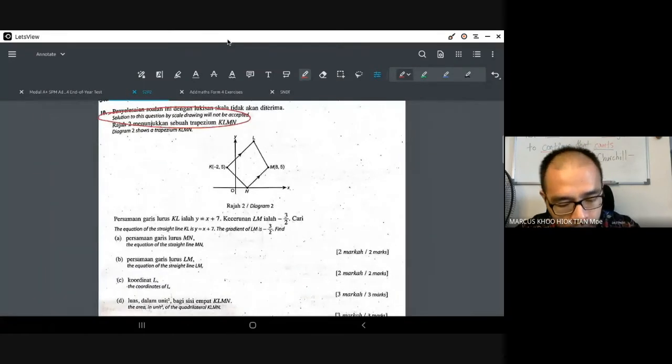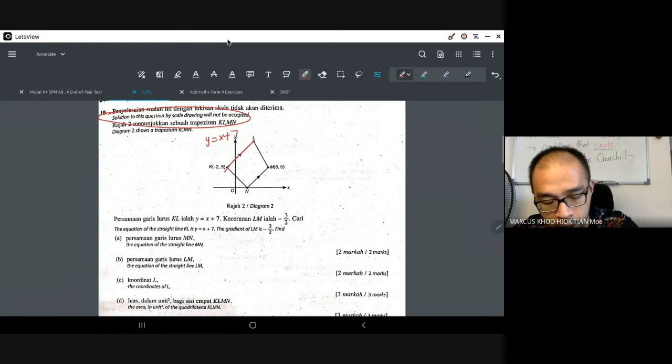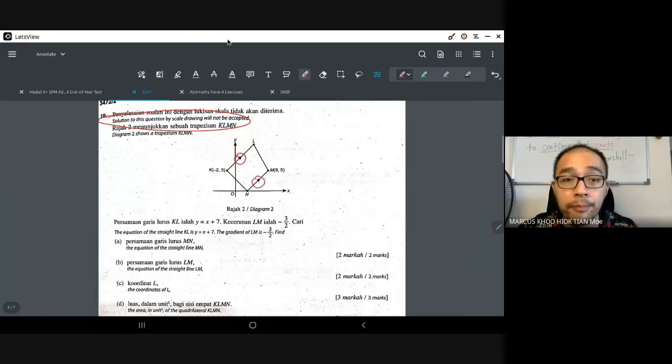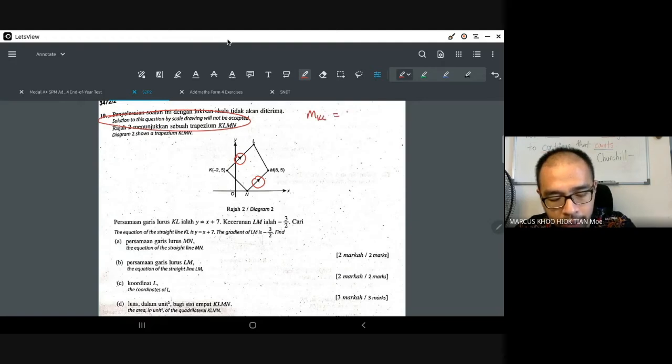The equation of straight line KL is y equals x plus 7. Now, the good thing about this diagram, although I just said it's not very good, is that these 2 lines are parallel. What does parallel mean? Parallel means the gradient of KL and the gradient of NM is the same.